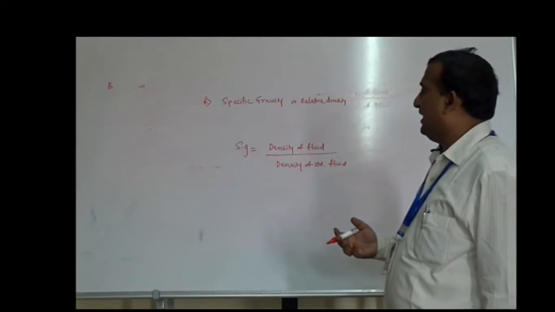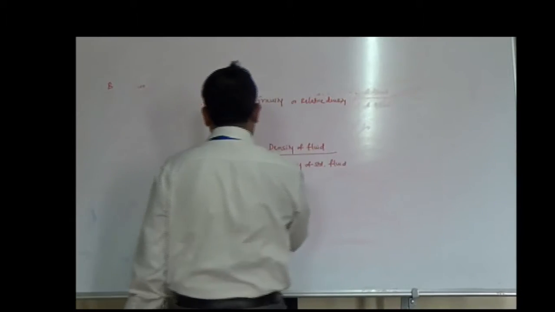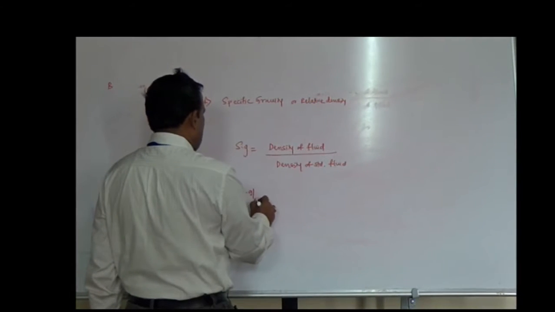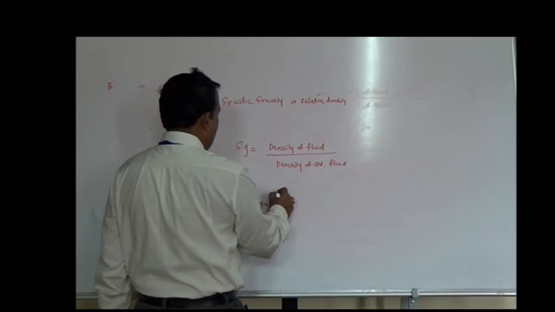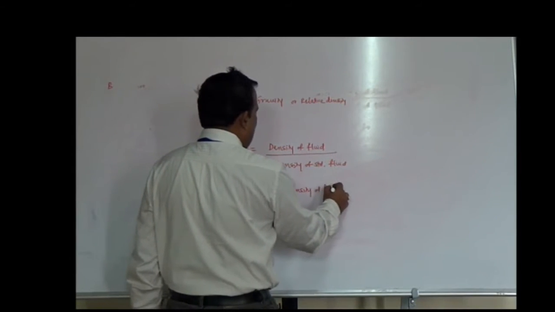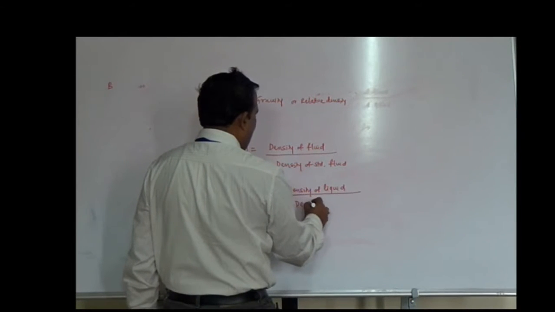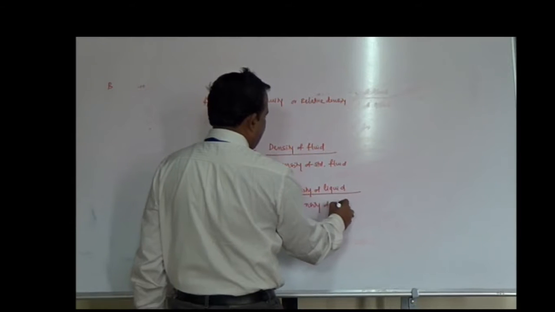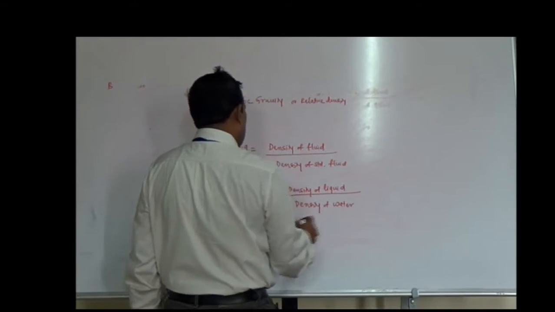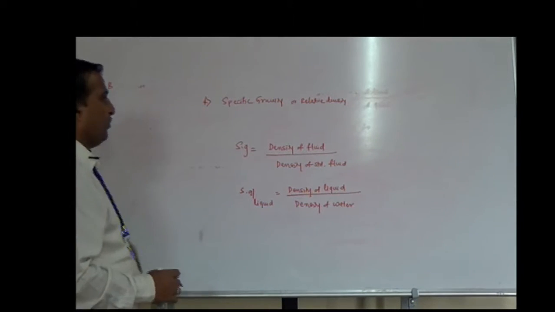We can identify it by using specific gravity. Specific gravity of liquid is equal to density of liquid divided by density of water, because here I took the standard as water.